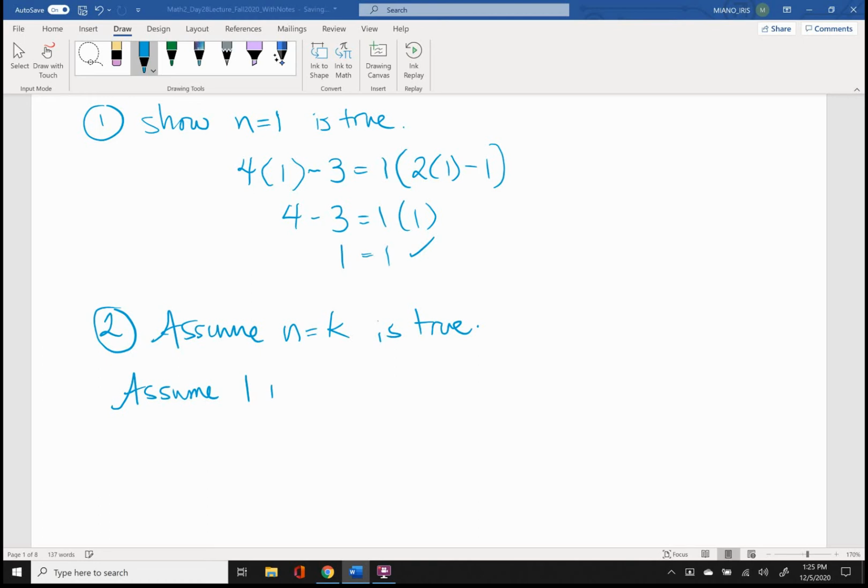So 1 plus 5 plus 9 plus ... plus the quantity 4k minus 3 is equal to k times 2k minus 1.